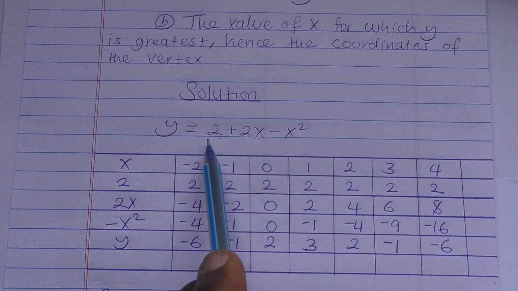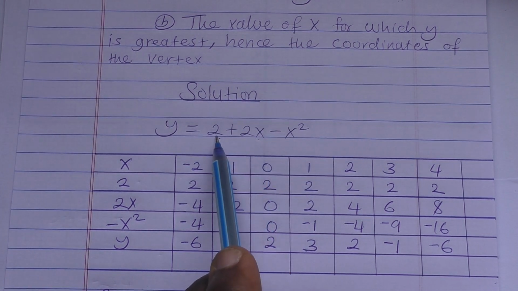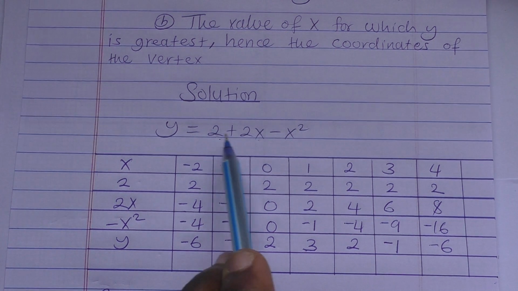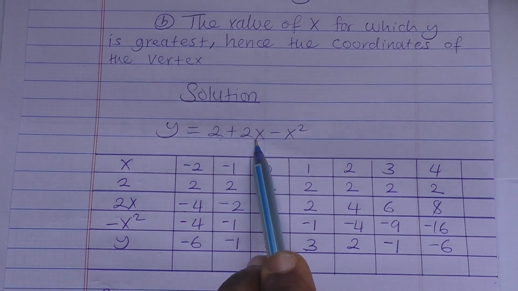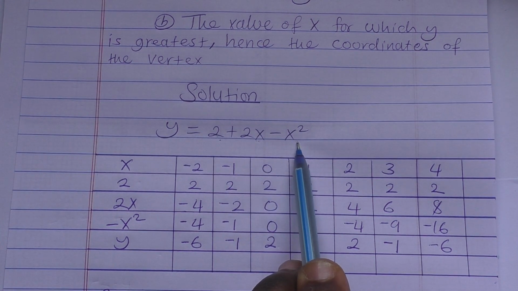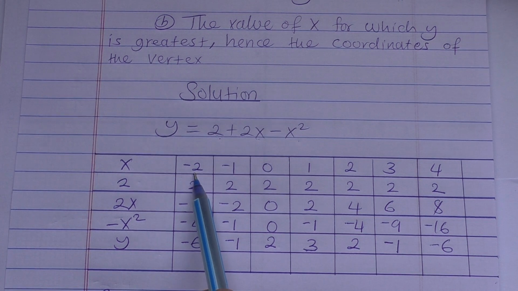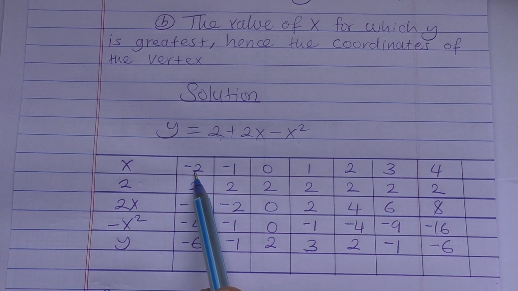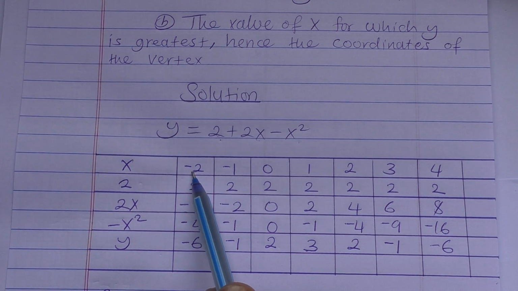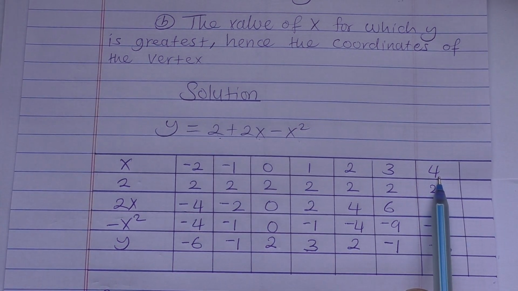So we shall split this to get 3 terms. We shall have the constant 2, we shall have 2x and minus x squared. But since we are given the range of values for x, we shall first of all feed in the values of x depending on the given range.